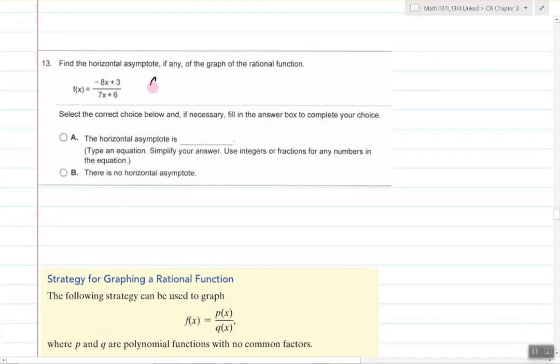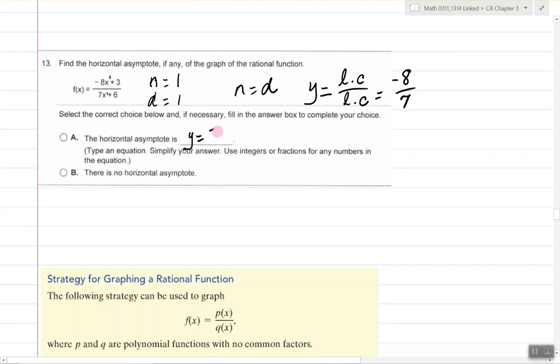The degree of the numerator, which I've been calling n, is 1. The degree of the denominator, which I've been calling d, is 1. Because n equals d, I get the horizontal line y equals leading coefficient over leading coefficient. It is -8 over 7. I can't reduce that. It is the line y equals -8 over 7.